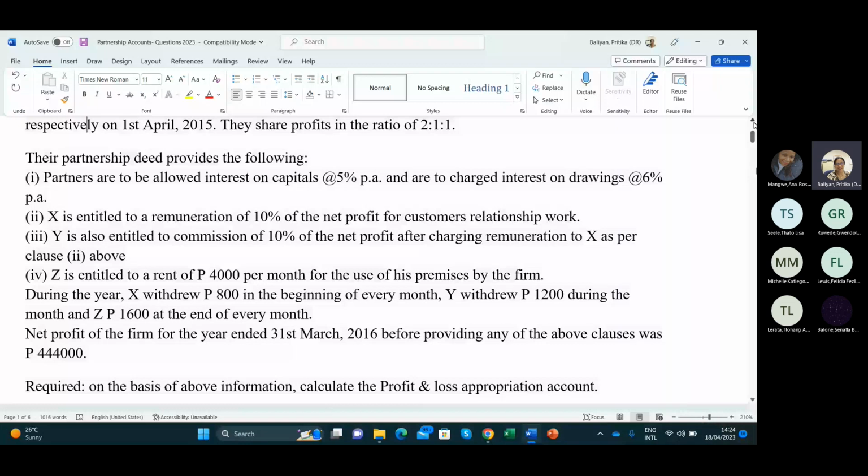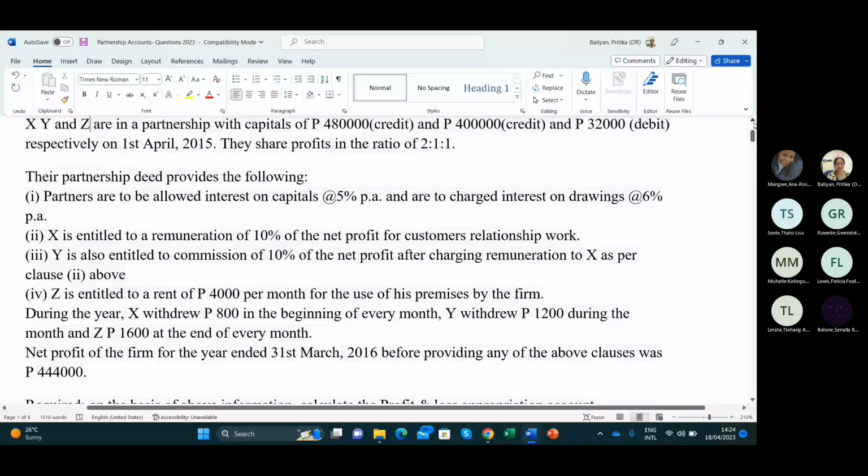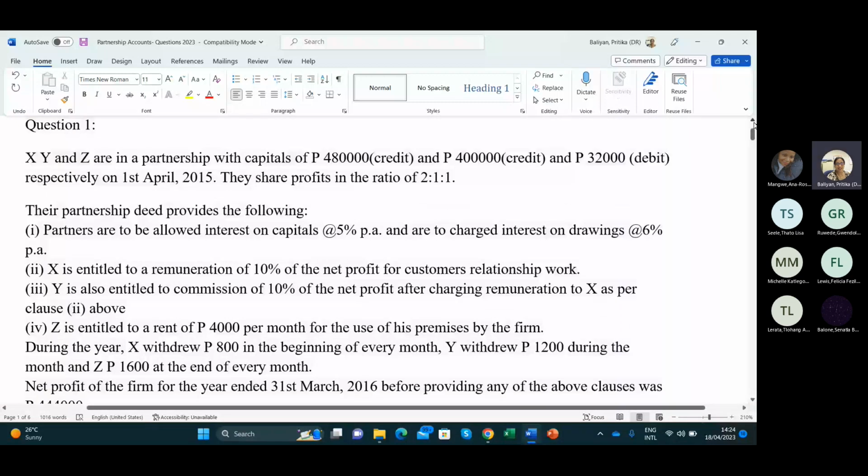So can you calculate 5% of interest? 5% of 440,000. So how much interest on capital for X and for Y? Let's quickly do it.